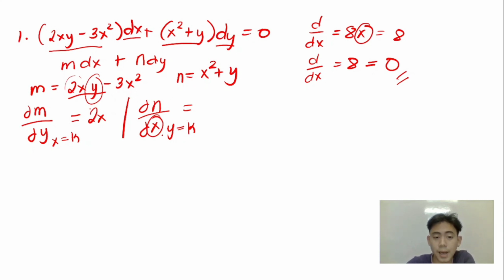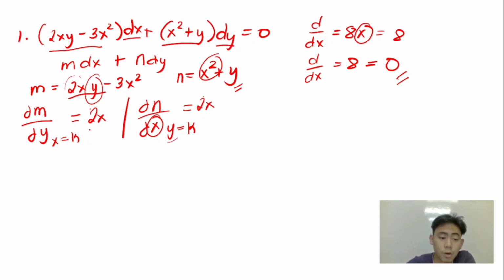Kay x naman tayo. Lahat ng x, i-differentiate natin na yung y natin should be a constant. So, for this one, x squared plus y, ang derivative ng x squared is 2x. Then, ang derivative ni y, since constant siya, is 0.